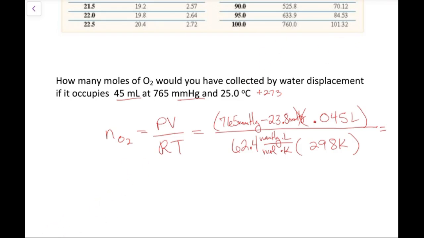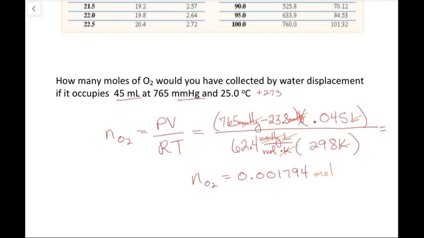So I calculated this to be N of O2 equals 0.001794, and canceling stuff here, millimeters of mercury cancels with this millimeters of mercury, liters cancels, and kelvins cancel, so of course my unit is going to be moles, which is what I would expect, right?